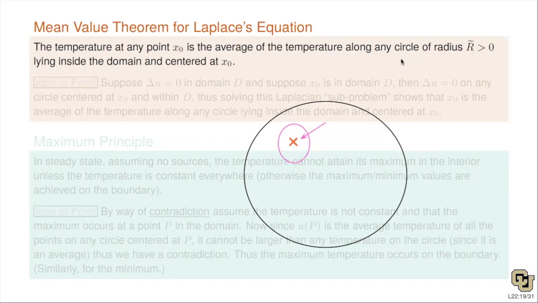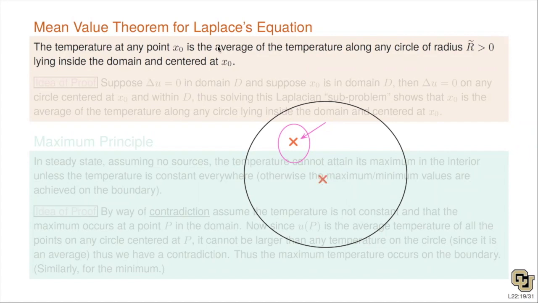Because when you take an average, the average value is always in between, right? An average value isn't the largest or the smallest unless you're dealing with a constant function. So by contradiction, it's not possible for a maximum or minimum value to occur inside the domain unless you're dealing with a constant function.